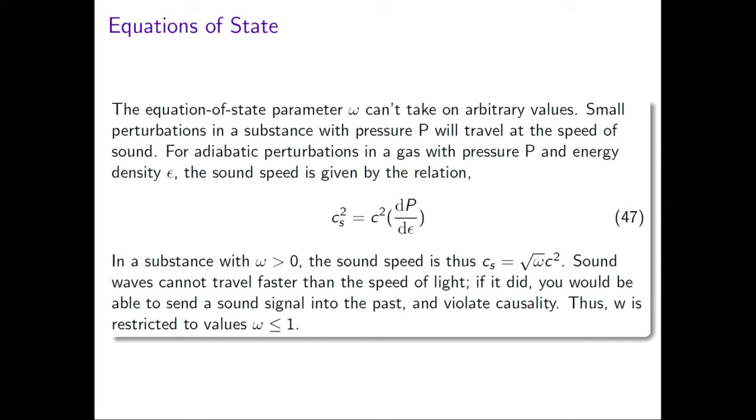So if any substance has an equation of state parameter omega greater than 1, then, since the speed of sound Cs equals the root of omega times c square, the speed of sound would be greater than the speed of light, which is not the case, right?